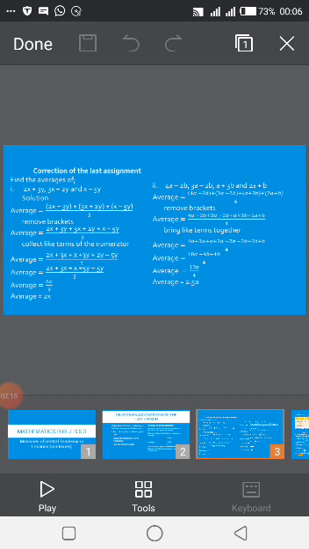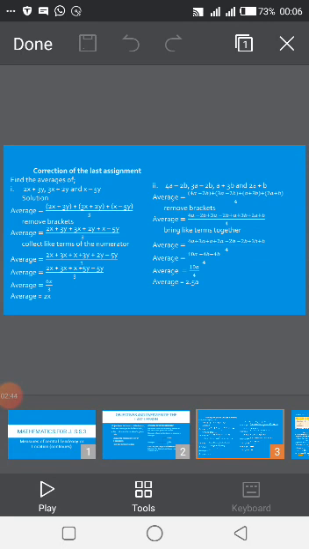The first thing we need to do is to remove brackets. Then we have 2x plus 3y plus 3x plus 2y plus x minus 5y. When we collect like terms in the numerator, we have 2x plus 3x plus x, plus 3y plus 2y minus 5y.